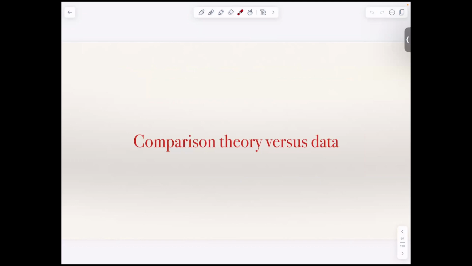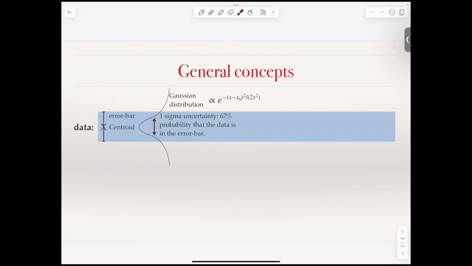So that allows me to enter into a new part, a new section of this chapter, which is addressing the question of how to compare theory versus data. Okay, how to do that in a more systematic way. Okay, so just general ideas about that. So imagine that you have data.